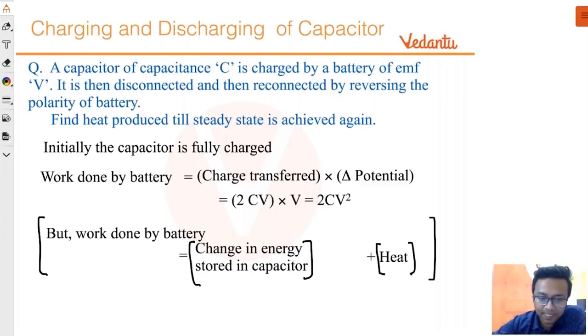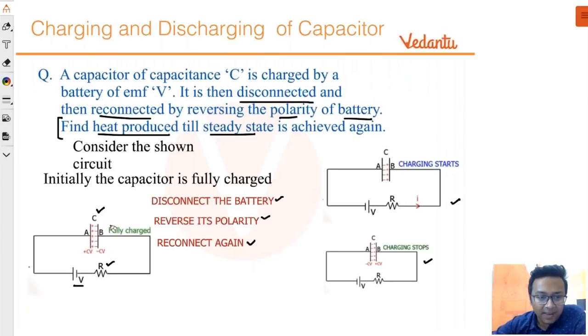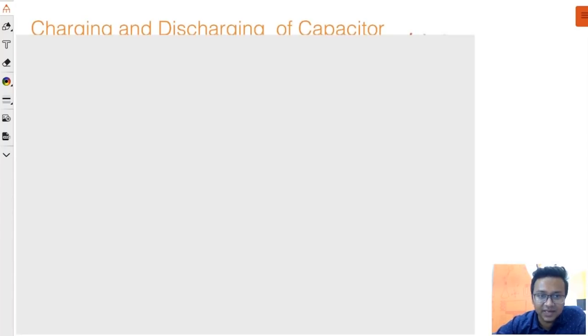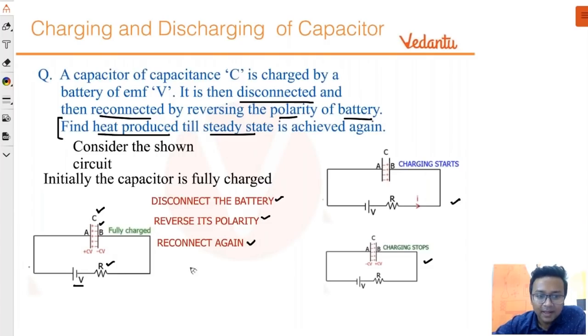Now, if you see, plate B had an initial charge of how much? So the charge on plate B initially is equal to minus CV.